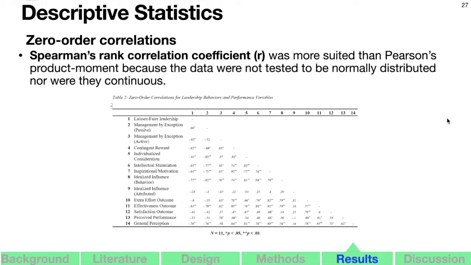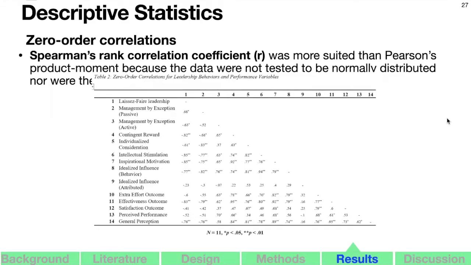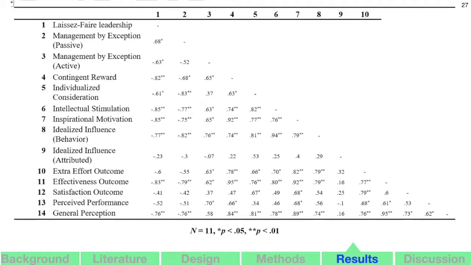And the correlation matrix shows very interesting results here. Interestingly, you would find that inspirational motivation has a very high correlation with all of the outcome variables, and it's only inspirational motivation that has this high correlation on all of the outcome variables, with p-values of less than 0.05.